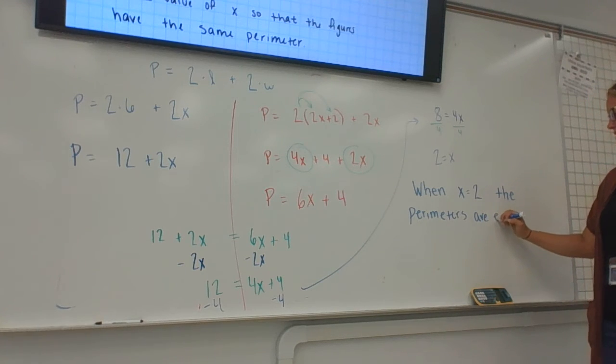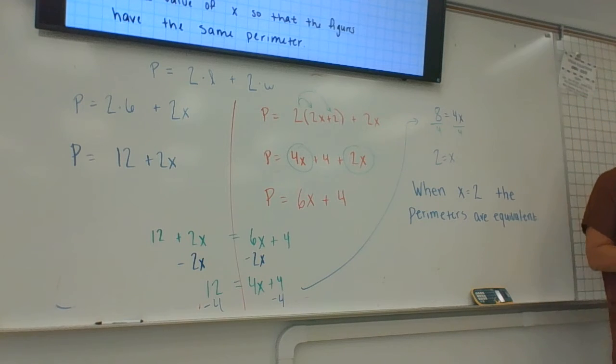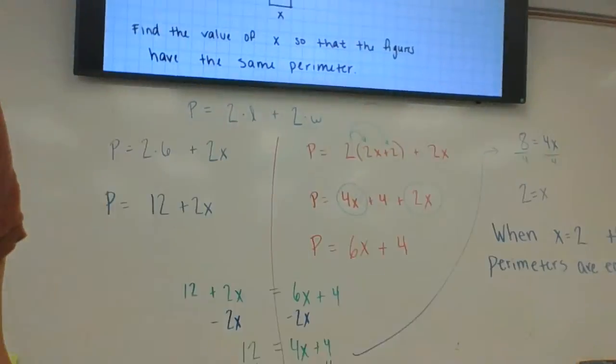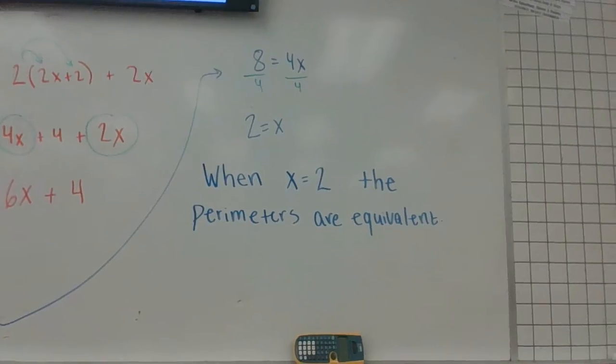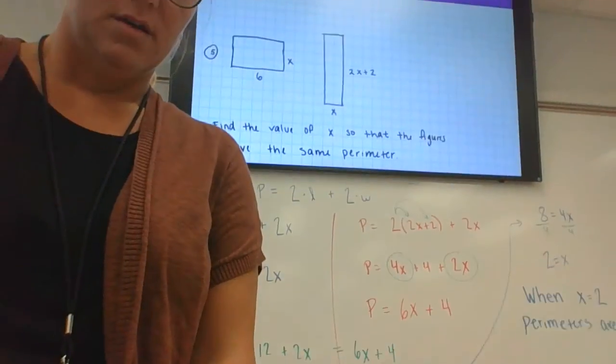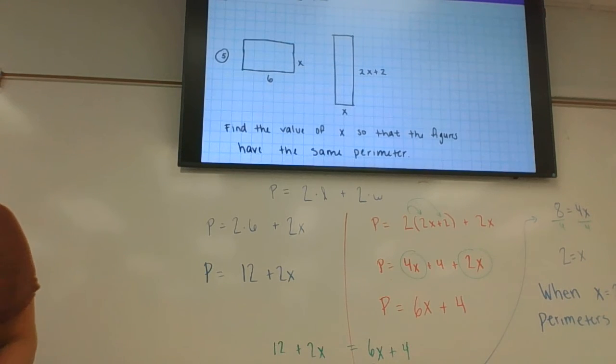I actually think it's more English. I think equivalent is the proper grammar and then equal. I mean, I'll say equal 9 or 10 times, but equivalent does sound nice. I'm not saying equal's wrong. I think it's more grammatically correct. Okay, that's it. We did it. Get your homework out from yesterday.